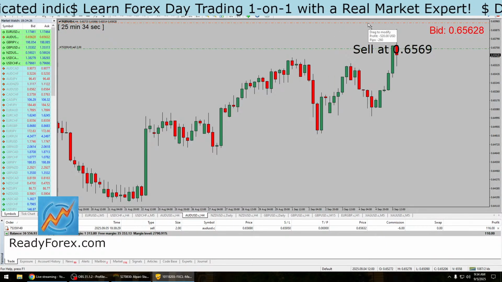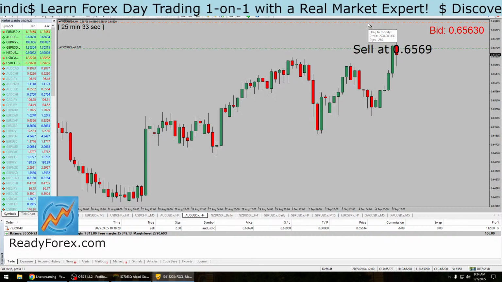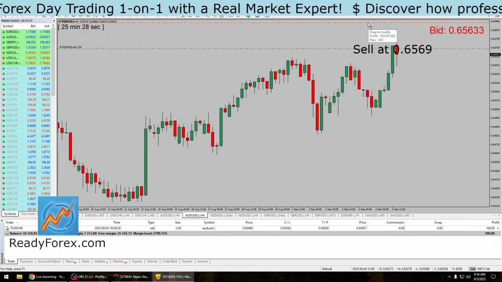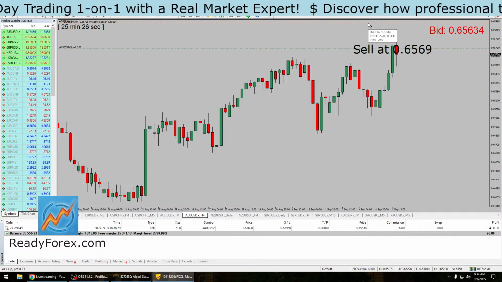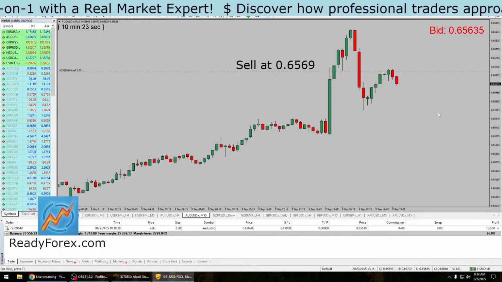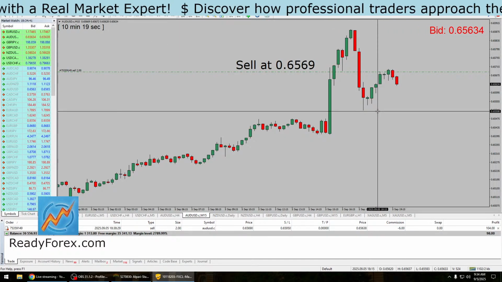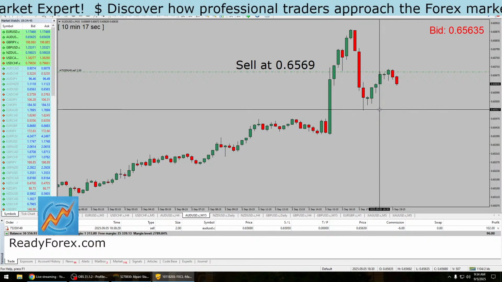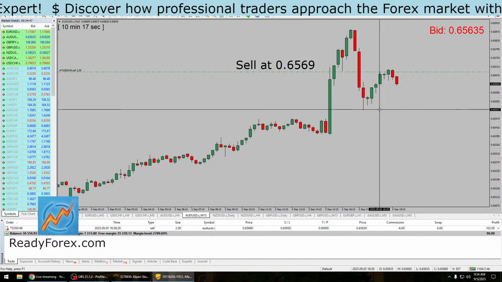Okay, and I'm looking for the market to drop and break below the old swing low. So let me show you what I mean by that. The way I see it, the AUDUSD currency pair is most likely going to test the 0.6551 level.